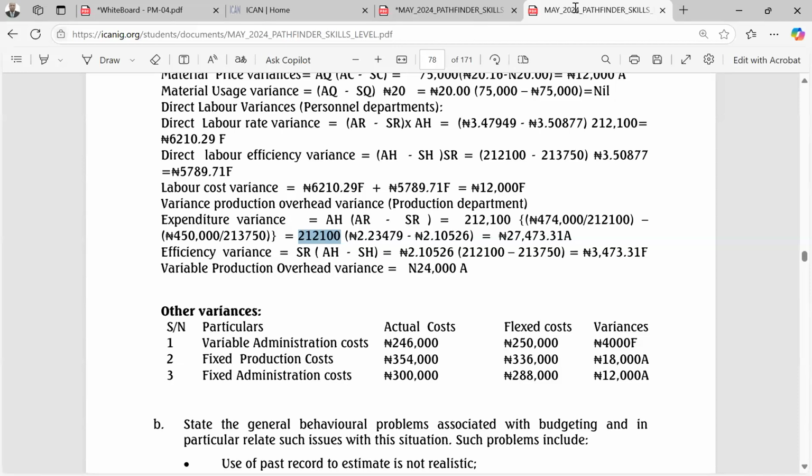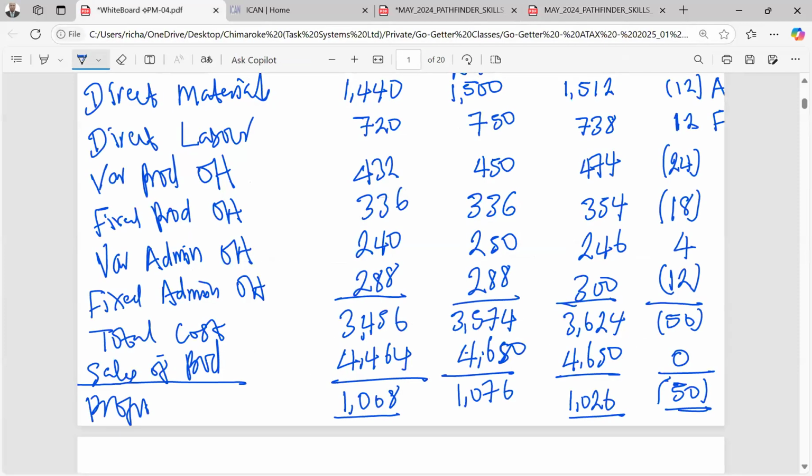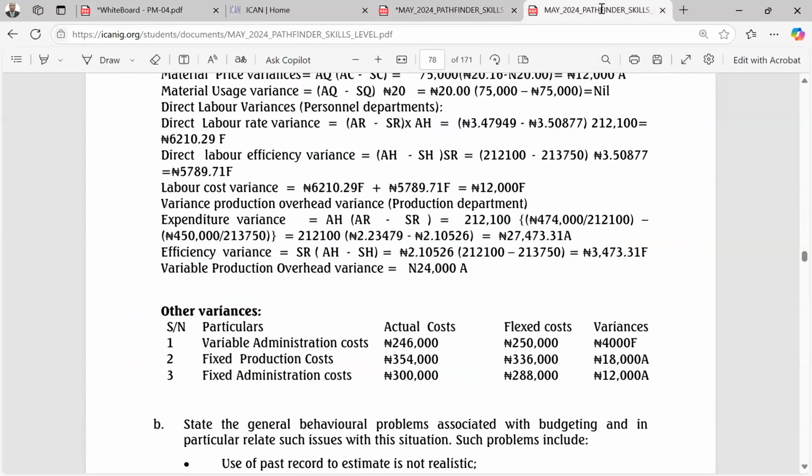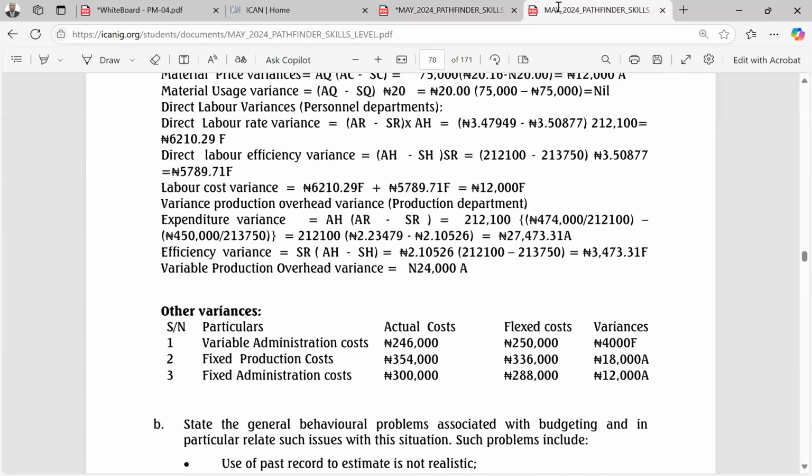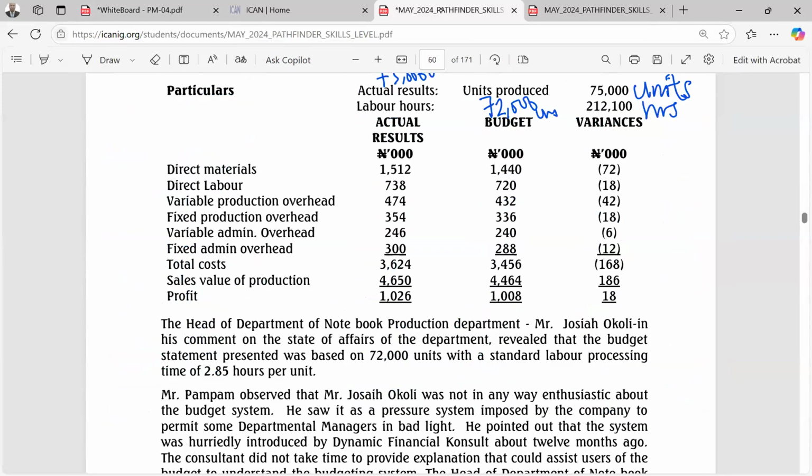Variable administration cost, look at actual cost, look at flex cost, 4,000, which was the 4 we had here, 250 and 264. Fixed, look at the fixed, 355 actual, flexed is 336. You see, flexed is this same 336. It didn't change from original to flexed. The same thing with administration cost, it didn't change. So that's it here for the first question.